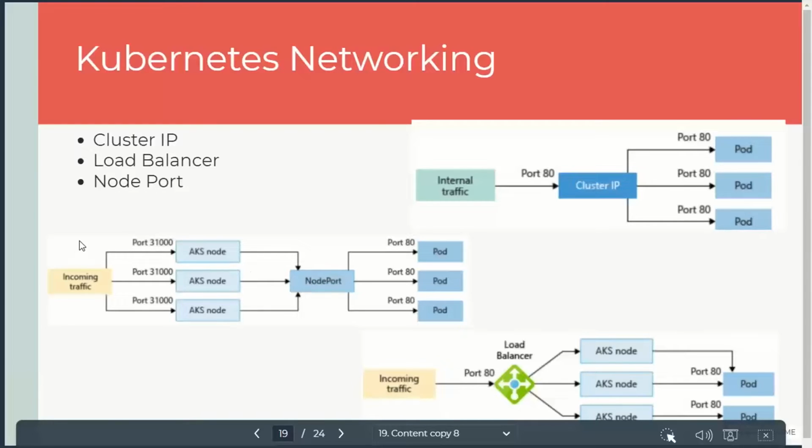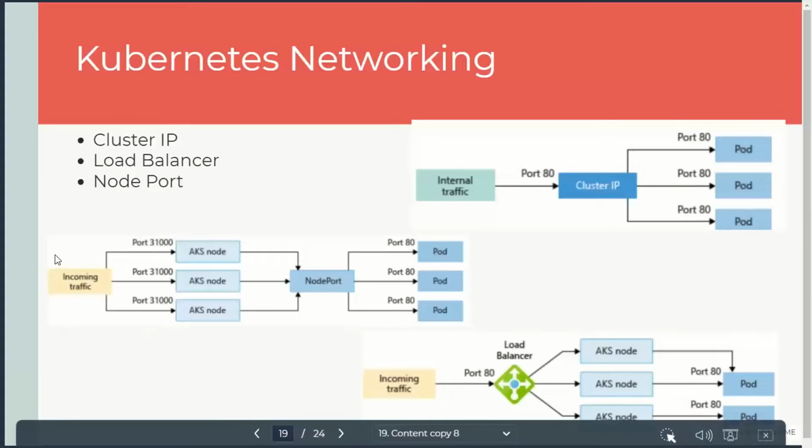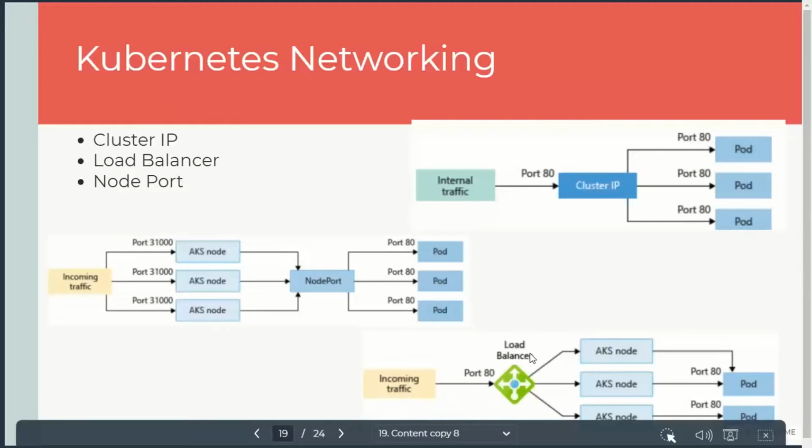But because the node IP address is dynamic in nature, we cannot use that, so it's not a good solution. If you always have only one or two nodes, in that scenario we can use it. But the good solution would be the load balancer.